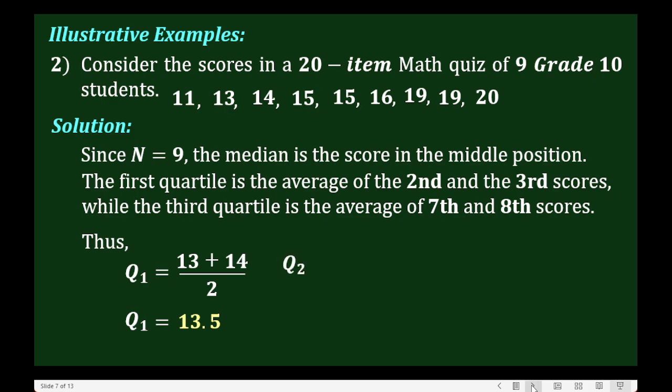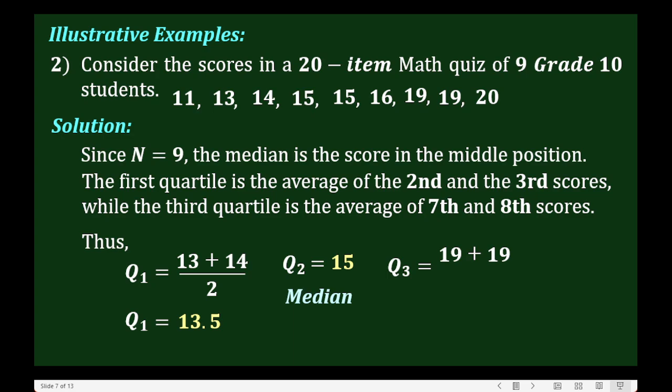And Q sub 2 happens to be the median, and that is 15, the 5th position. And for Q sub 3, you take the 7th and the 8th position and get their average.